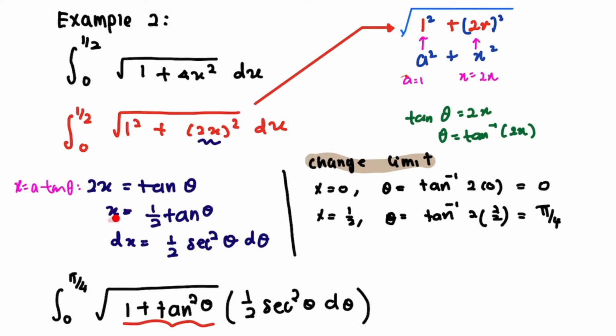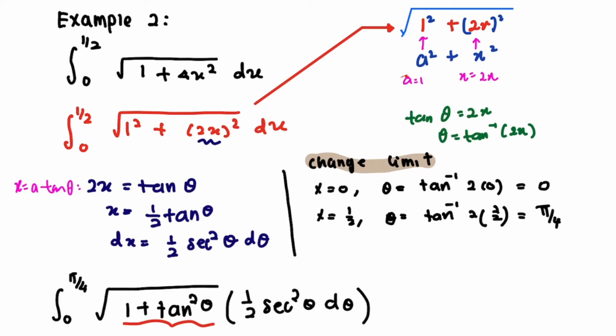And let's differentiate this. Therefore, dx is equal to half. Differentiating tangent theta gives secant squared theta d theta. So now we have finished differentiating your x here. Now, since you have a limit, we have to do something different. We need to change the limit. Why?